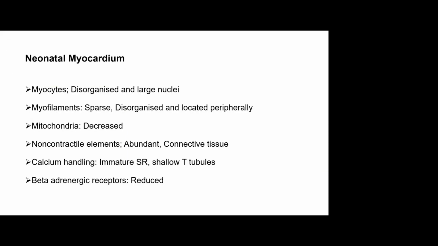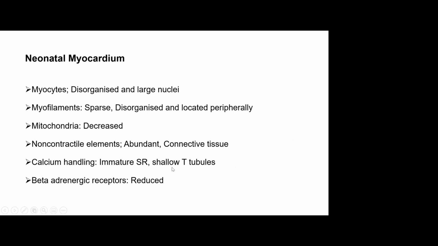But in a neonatal myocardium, the myocytes are disorganized. They're not arranged parallel as in an adult. The nuclei are very large, so the amount of cytosol is less. The number of mitochondria, which are the energy pockets in a cell, is less. The myofilaments are fewer in number, and they are not organized as in an adult.